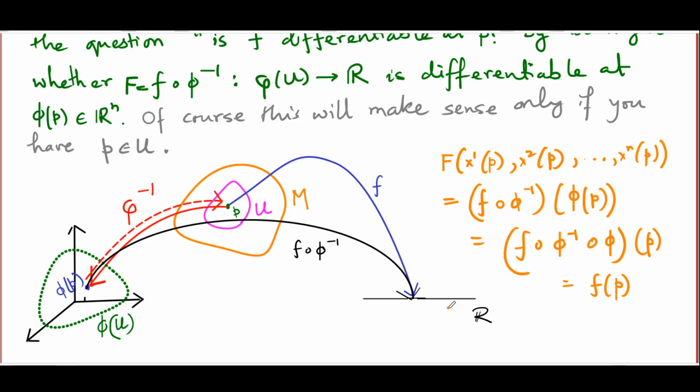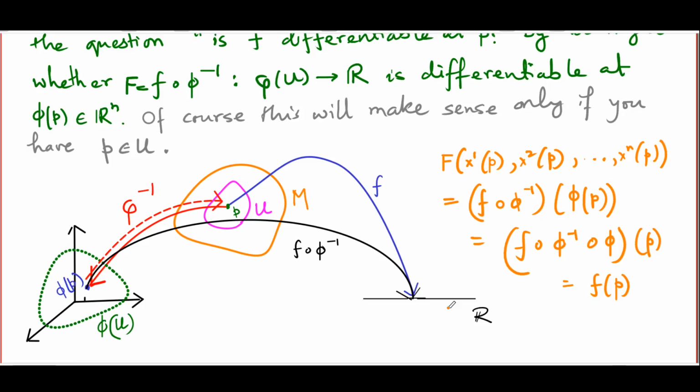Now the point behind doing all of this is that although small f was a function from a set M to R, and we don't really know how to do calculus on an arbitrary set M, this proxy function capital F is a function from an open subset of Rn to R, and we do know how to do calculus there.